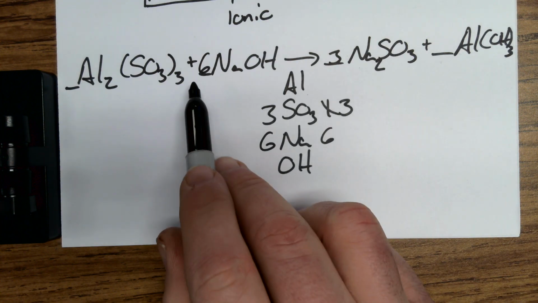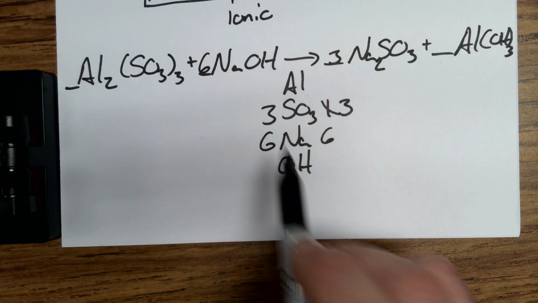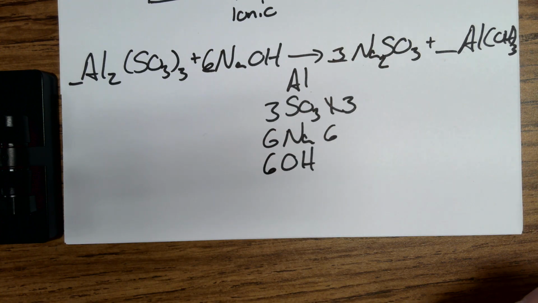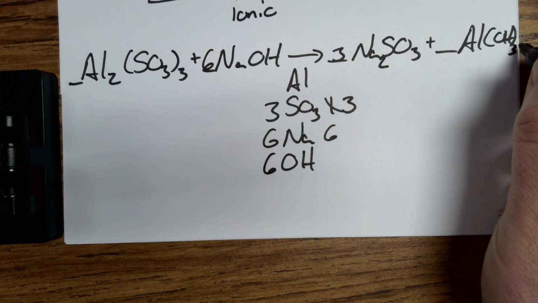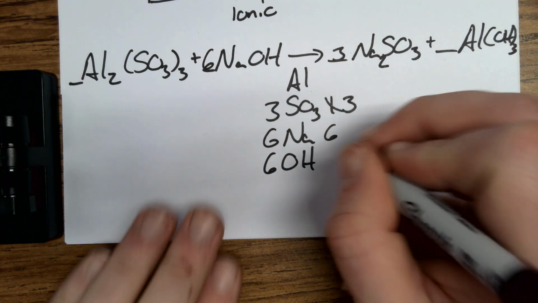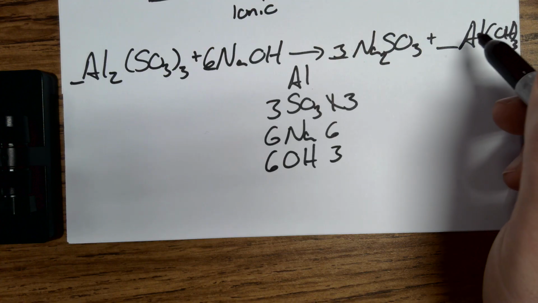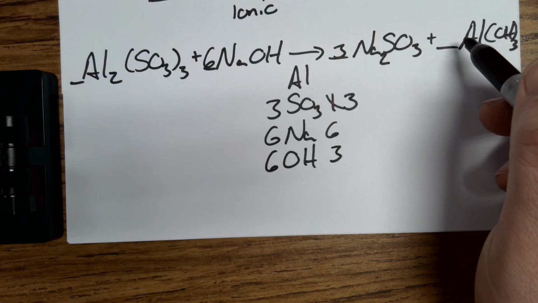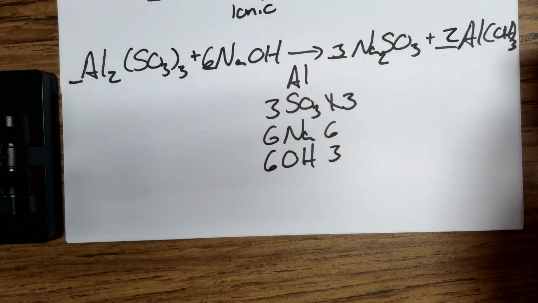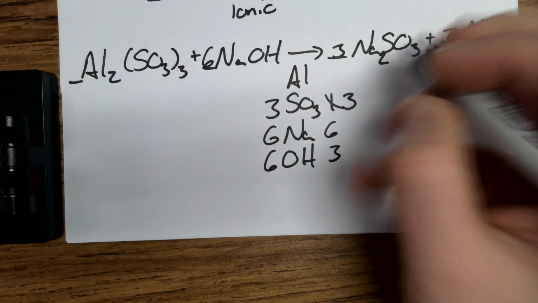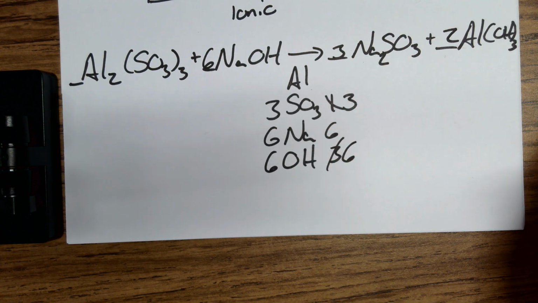I now have 6 times 1 hydroxide on my reactant side. I currently have 3 hydroxide groups in my product side. What coefficient will I use in front of it? 2. 2 times 3 hydroxide gives me 6 hydroxide.